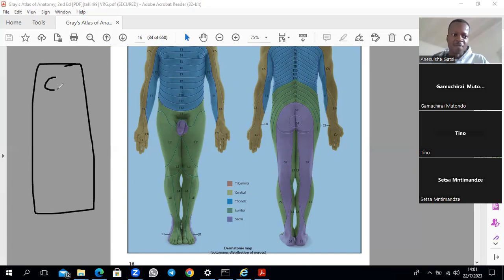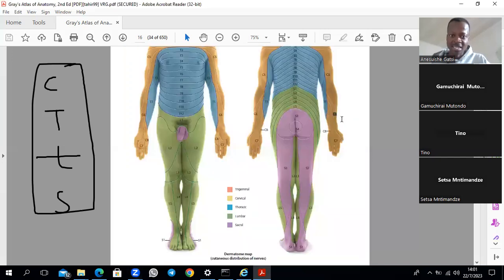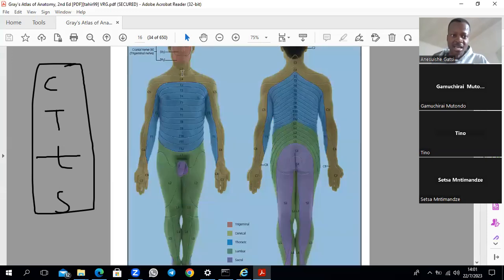If this is the cervical spinal cord, thoracic, lumbar, sacral, and the problem is in the lumbar spinal cord, if you start touching this person in their cervical regions, they can feel because it's working. Thoracic, they can feel, but it's hard for them to tell you when they can no longer feel because they started by feeling.